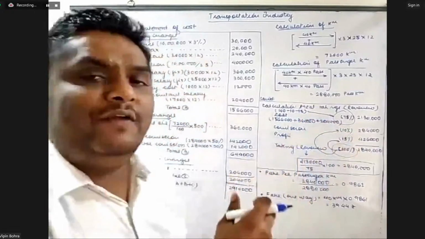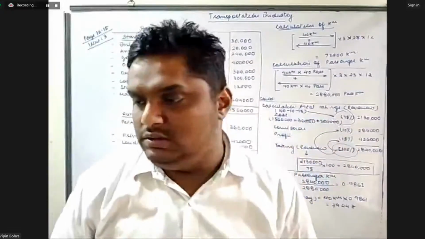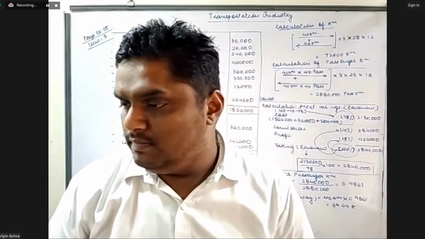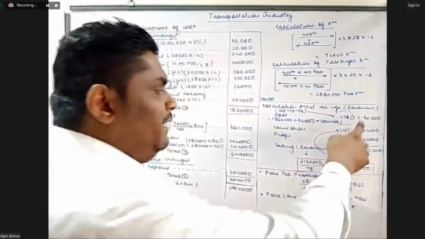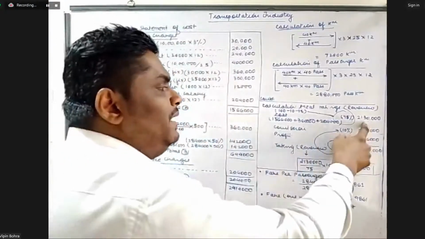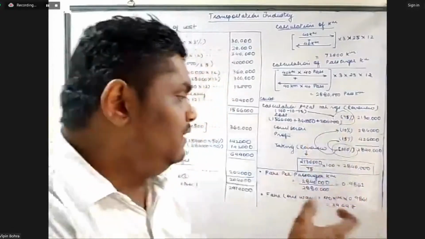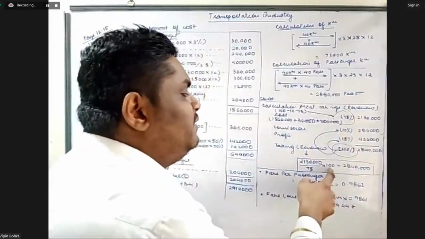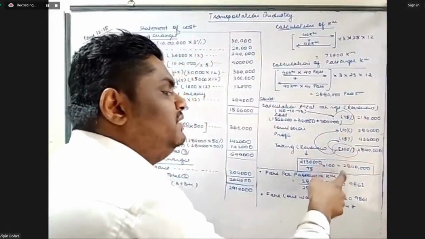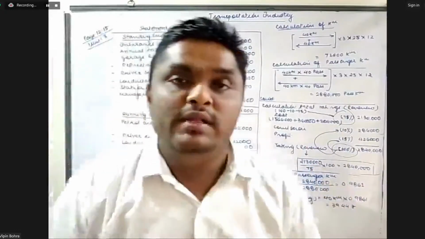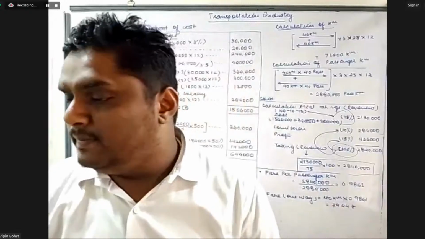So the balance 75% will be my remaining cost. So 21,30,000 is my remaining cost, which equals 75% of the total revenue. So how much will be 100%? 28,40,000. This is my total revenue.